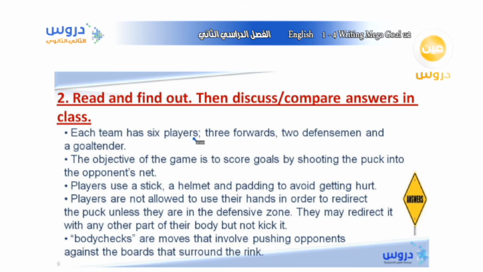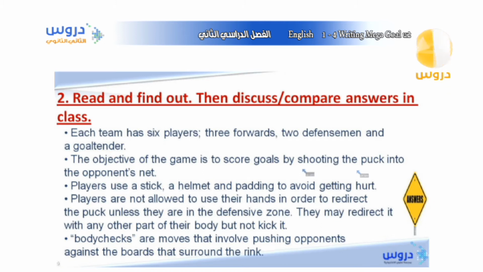Each team has 6 players, 3 forwards, 2 defensemen, and a goaltender. Next, the objective of the game is to score goals by shooting the puck into the opponent's net. So here the objective is to score goals. How?